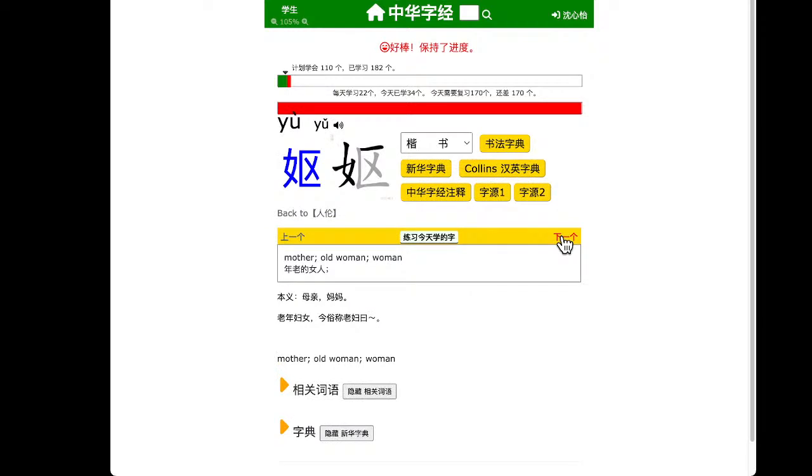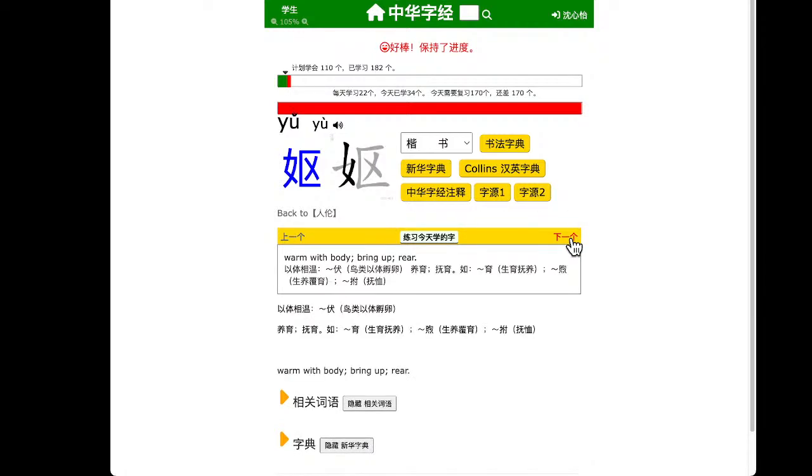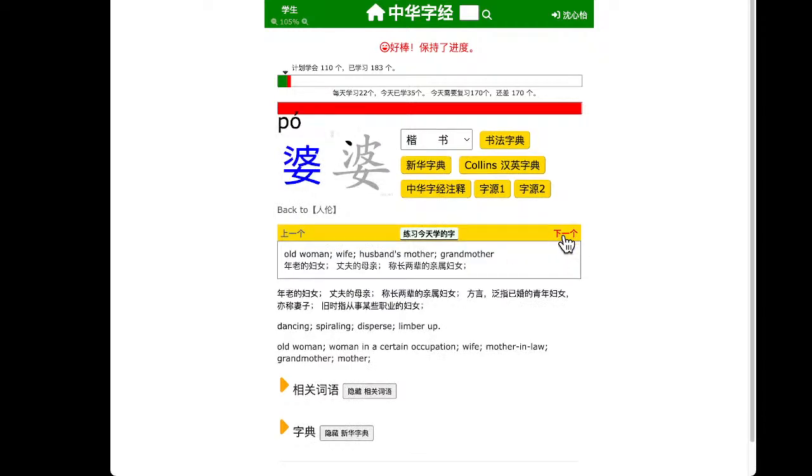玉 is not very commonly used, especially compared to 公, which is used a lot. It refers to an old woman. 雨, the alternate reading, also not commonly used, means warm, related to these motherly concepts of keeping someone warm and bringing them up. 婆, this is the word that you hear much more often to refer to old women or elder women.